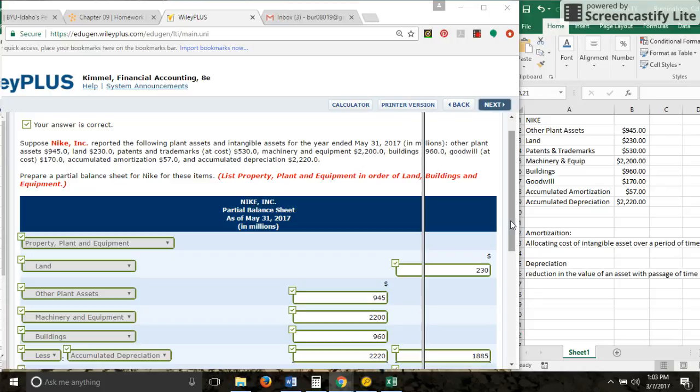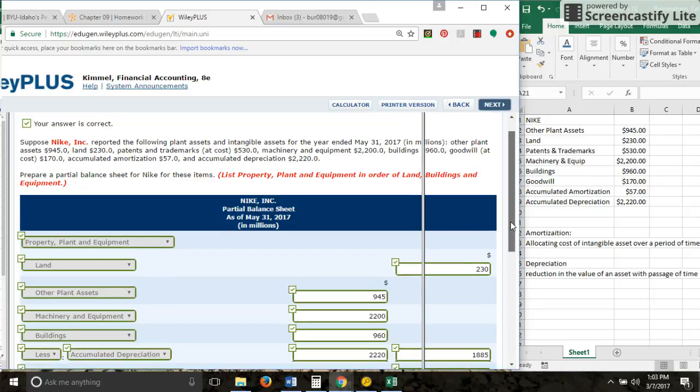So in the balance sheet, as you'll remember, the first thing we want to record is the property, plant, and equipment. And one thing before we get started, I want to talk about two things that they listed. They listed accumulated amortization and accumulated depreciation. And it's important to remember the difference between the two and what they apply to.